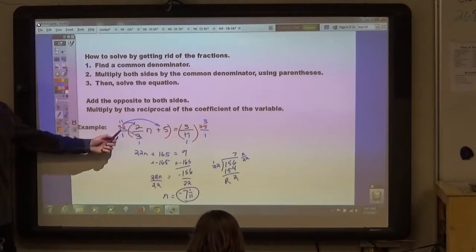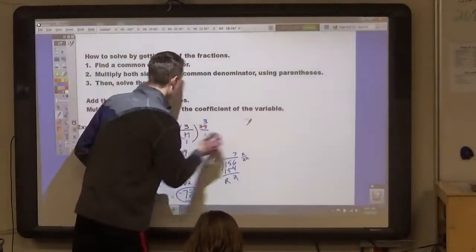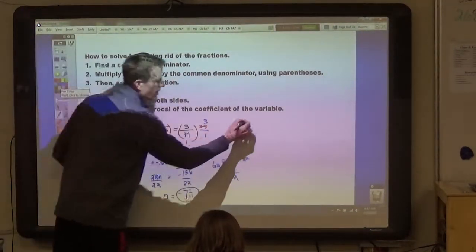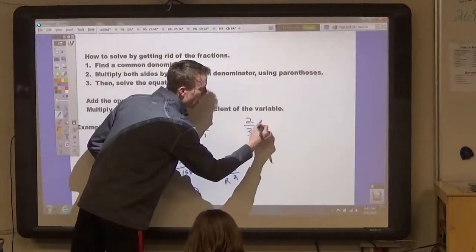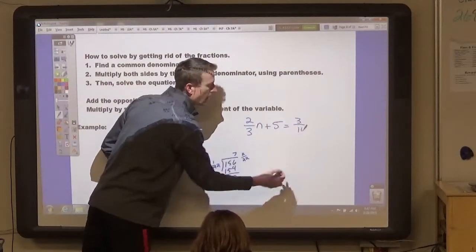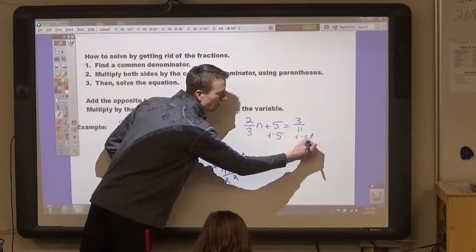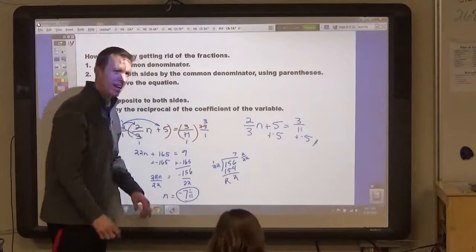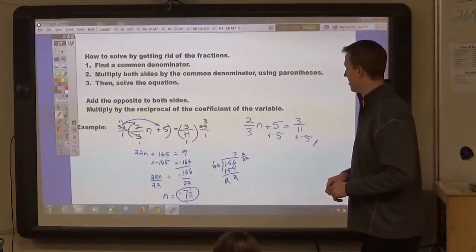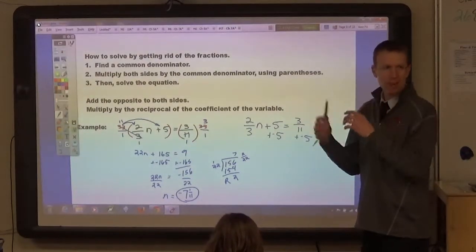Now, if we did this the other way, let me change color here. If we did 2/3 n plus 5 equals 3/11, and we started by adding -5 to both sides, then we've got a -5 minus 3/11. And you got a mixed number there, and you got some big fractions to deal with.